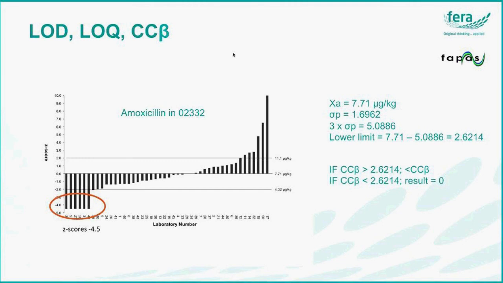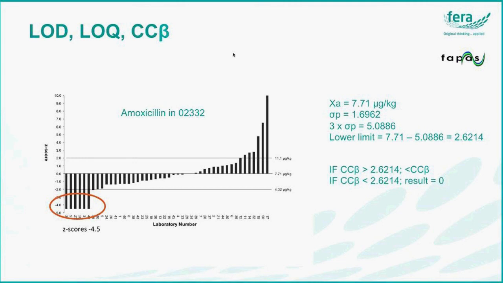There is a mechanism for doing this, so we set a lower limit dependent on the assigned value and 3 times the standard deviation. So 3 times sigma p is 5.0886. Therefore, our lower limit, our criterion for assessing labs on their detection capability, is the assigned value minus 3 times sigma p, which is 2.62.